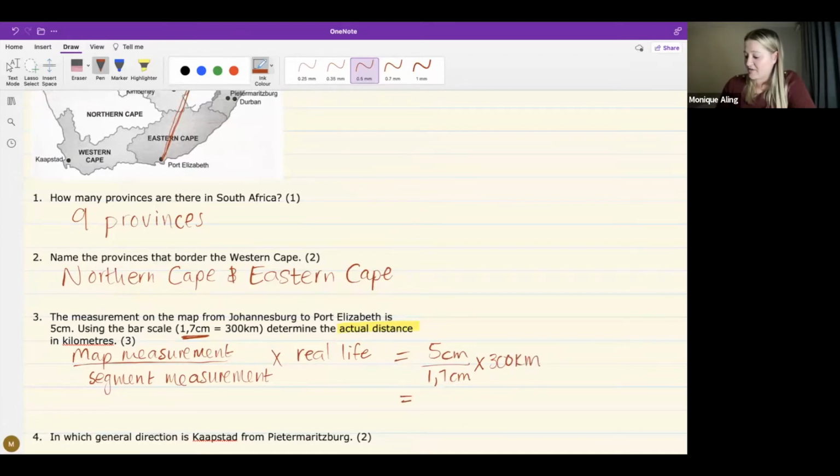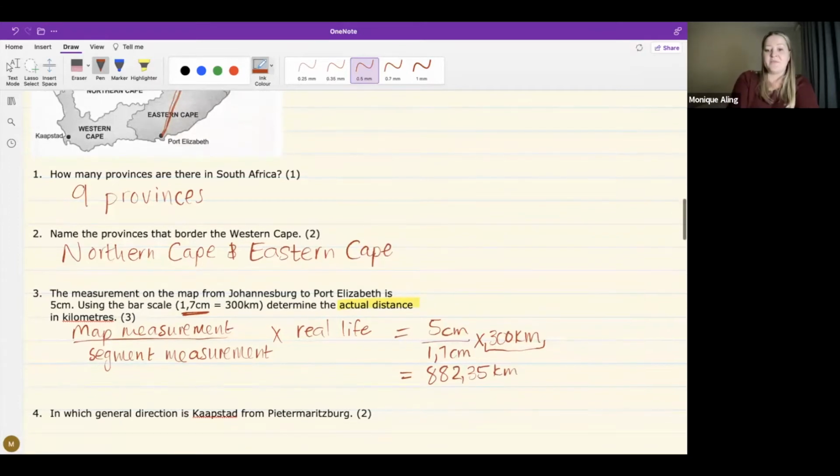Okay, and because the real life part is in kilometers, our answer is going to be in kilometers, and that's going to give you 882,35 kilometers. So just remember, always 2 decimal places unless they ask you to round to the nearest kilometer or nearest 10 kilometers, and don't forget your unit, your kilometers.